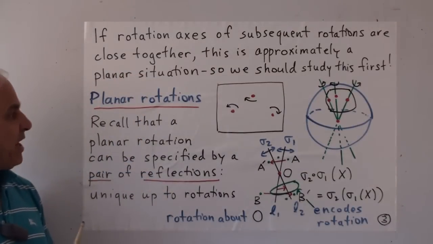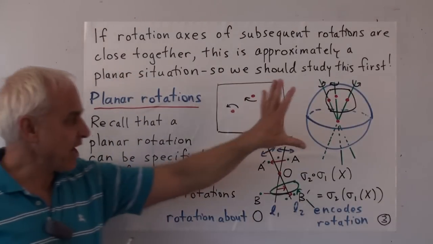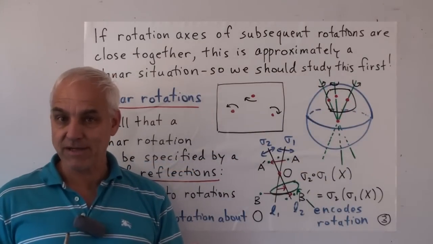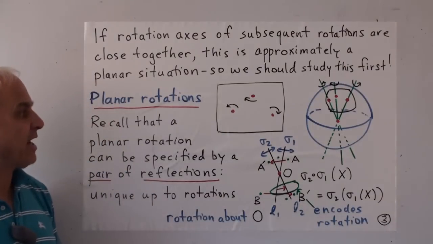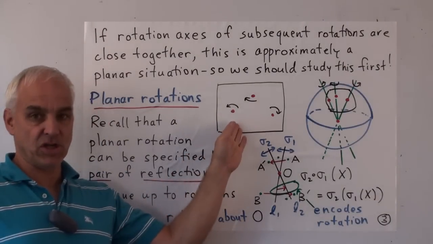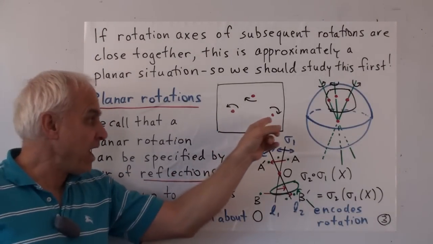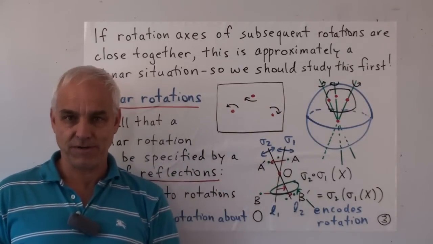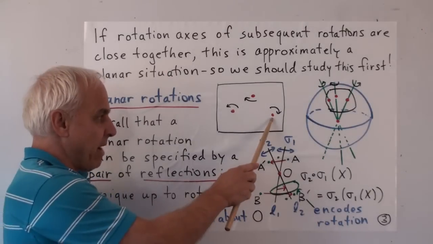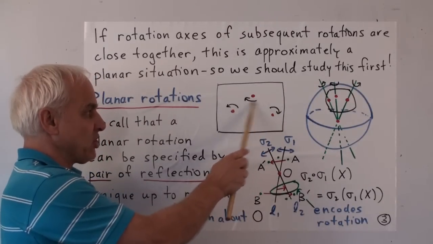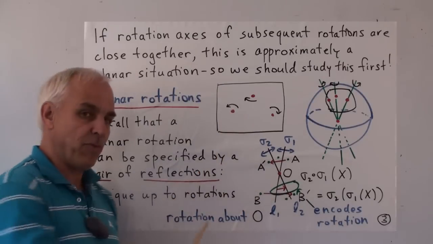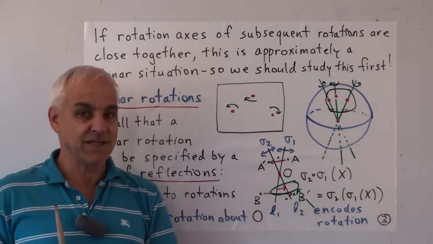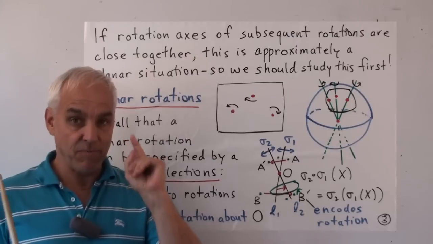So what we're saying here is that if we want to understand composition of rotations on a sphere or in three-dimensional space, probably we should understand how planar rotations work when we have centers of rotation which are not necessarily the same point. So we have a rotation about this point, and then maybe a rotation about this point, and then a rotation about this point. How do we effectively work with products of rotations in the plane about different points?